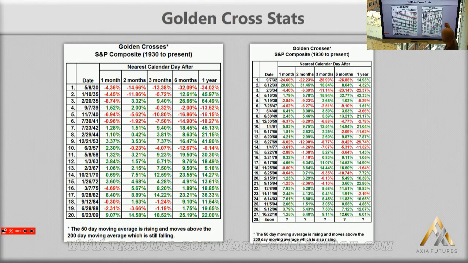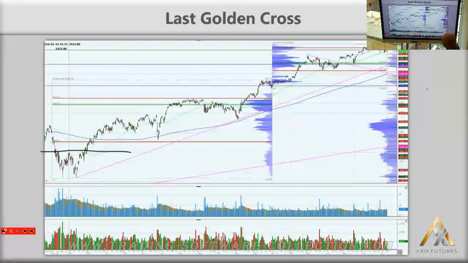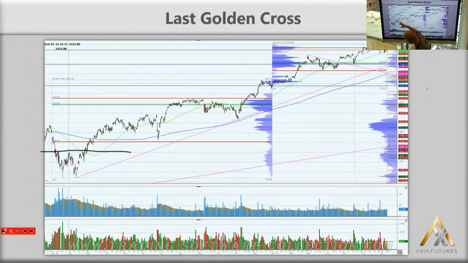So let's go and have a look at the last golden cross when it happened. You've got the 200 period moving average marginally higher and the 50 average coming across it. So what's going to get you in this trade? Different ways of looking at it. There's the cross. So if you're buying it here, you're buying at approximately 2060.